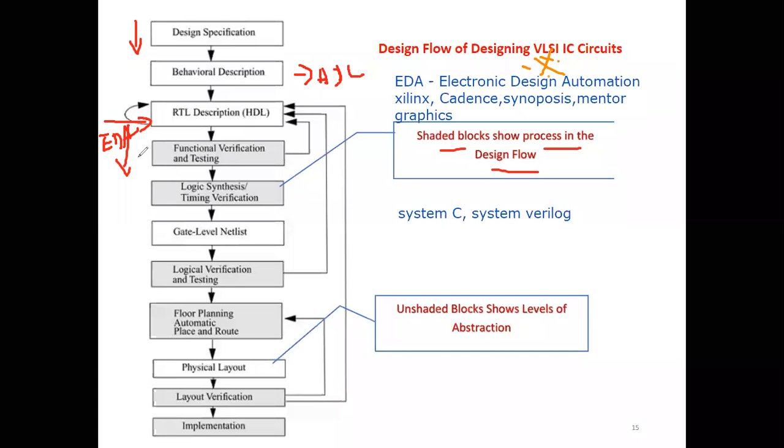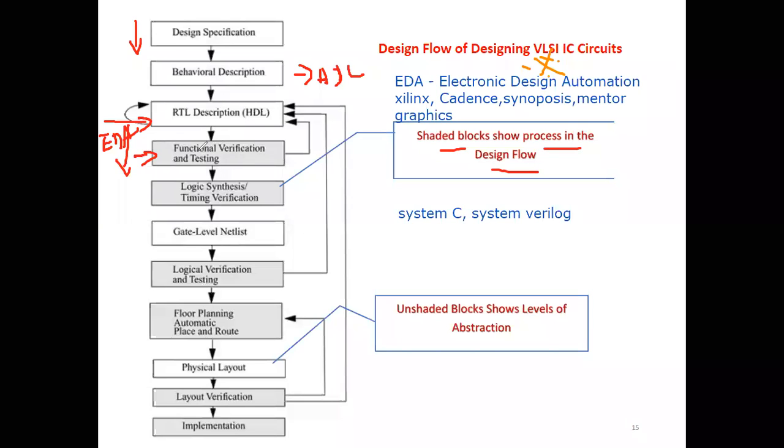That is done up to here, and this is nothing but simulation. You can see the arrow mark here. If it is not giving the proper answer, you have to go back to your program and recheck whether it is properly written or not, and check the functionality again.